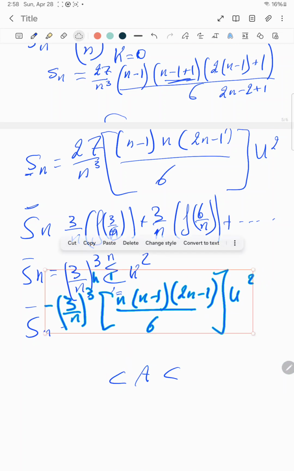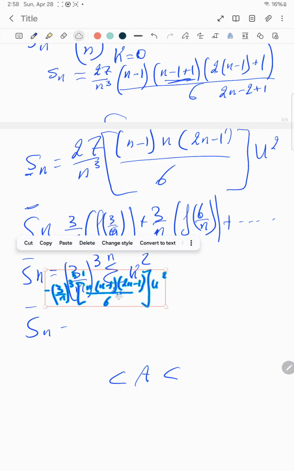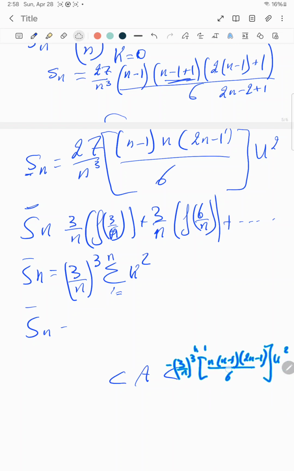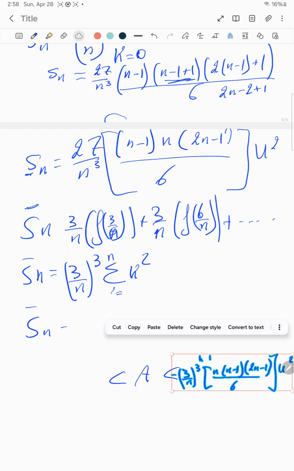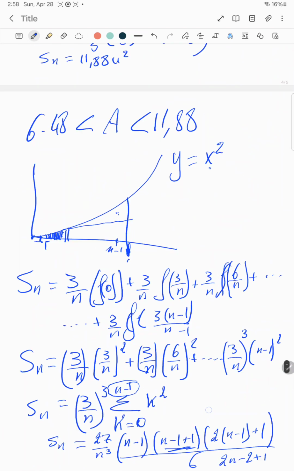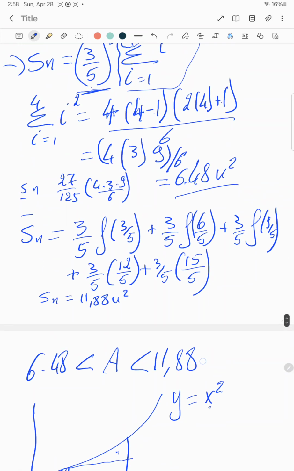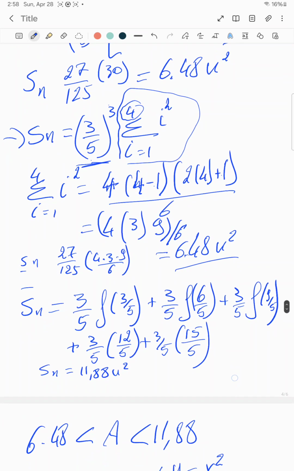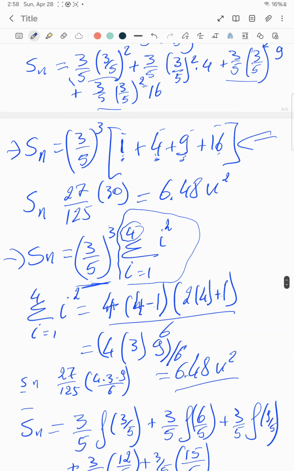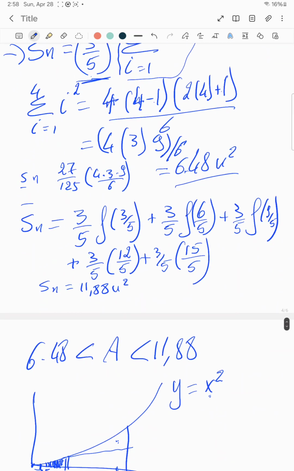I have to shrink it first so it fits, because I'm lazy, I don't want to rewrite it here. There is no minus. Where did I write the formula? And this one here.